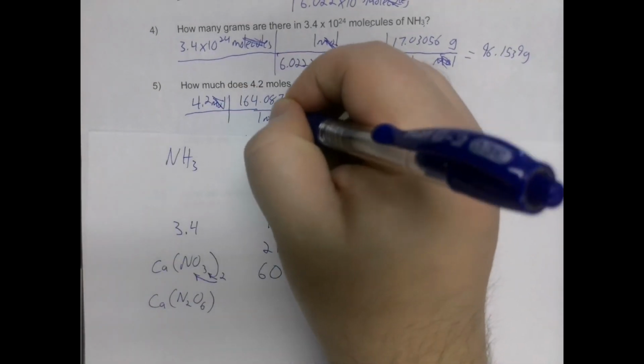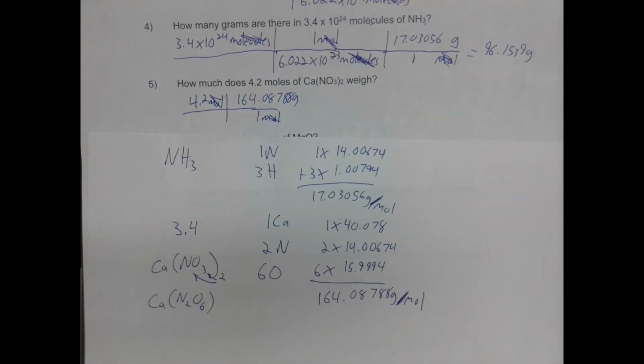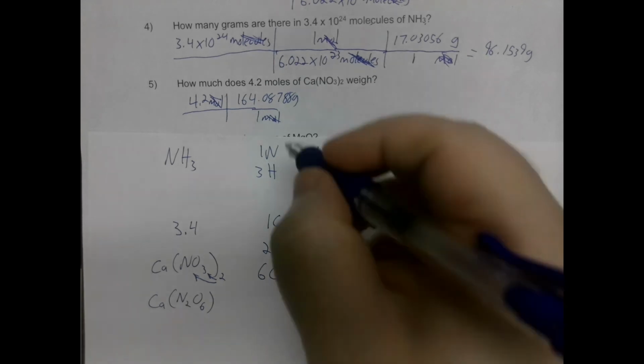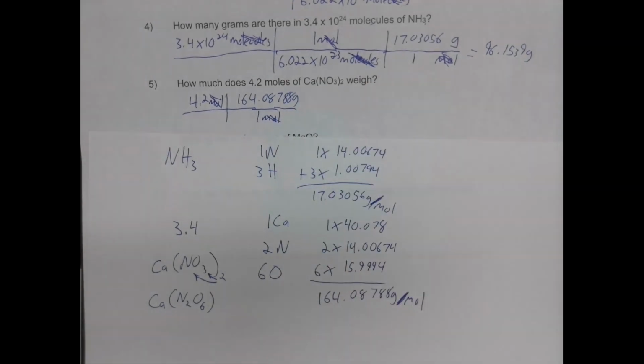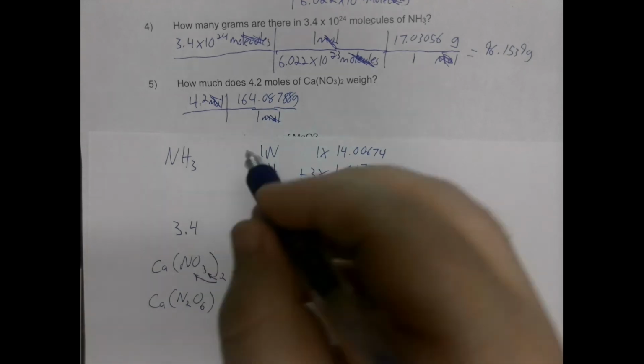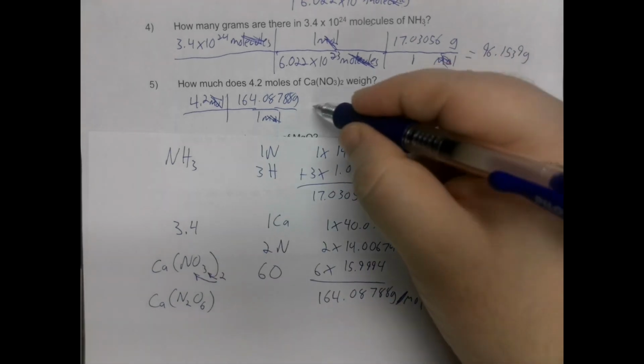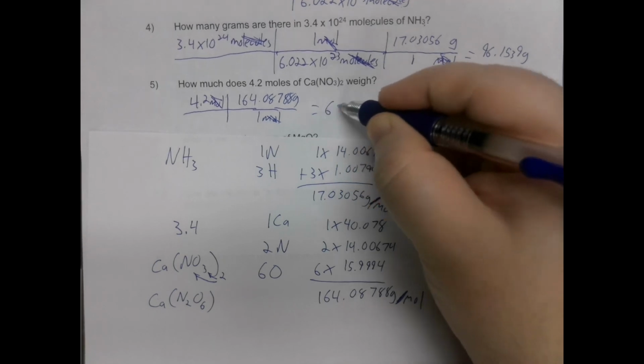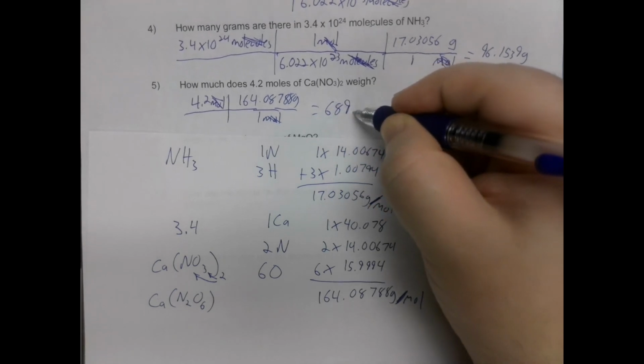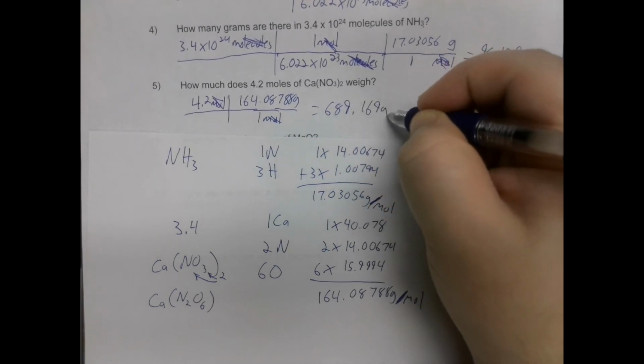Mole cancel out, and we're given grams, which is technically not a weight, but the act of weighing it, you would weigh it in grams, which is more mass. So 4.2 times that gives us an answer of 689.169 grams.